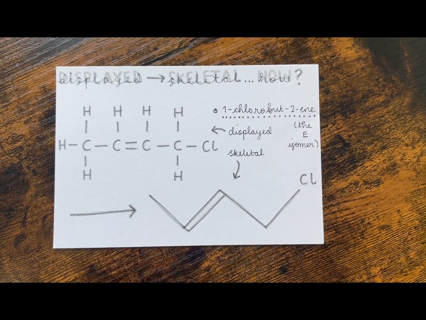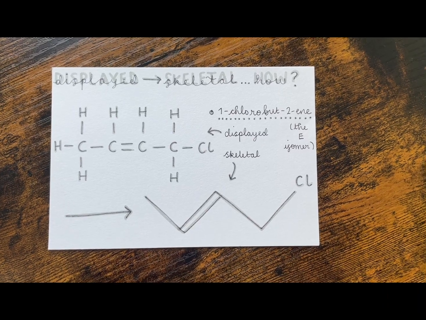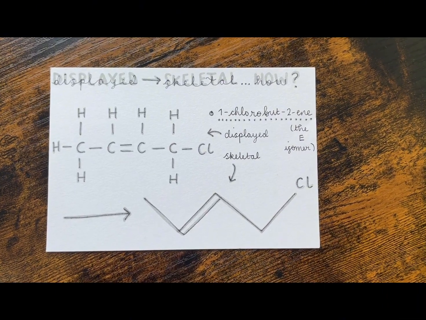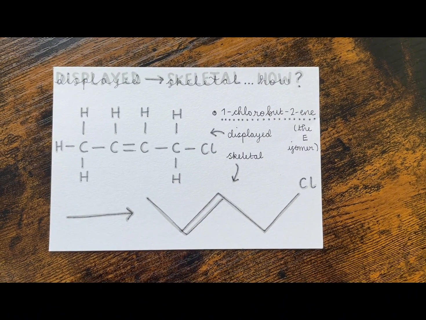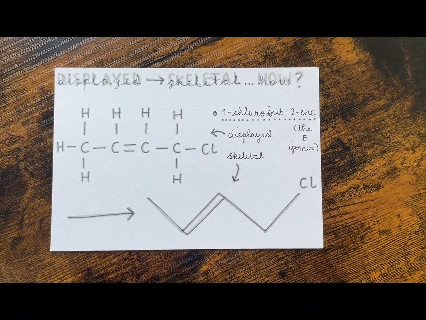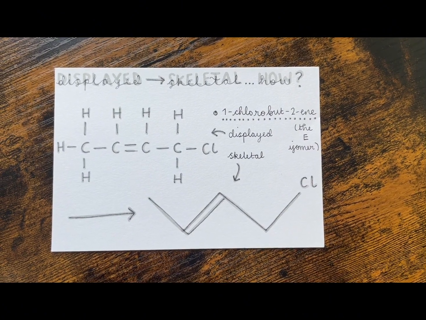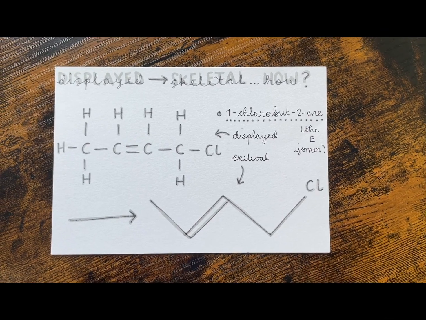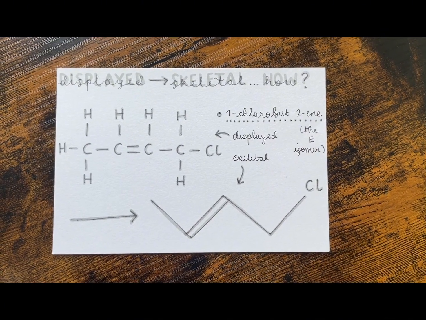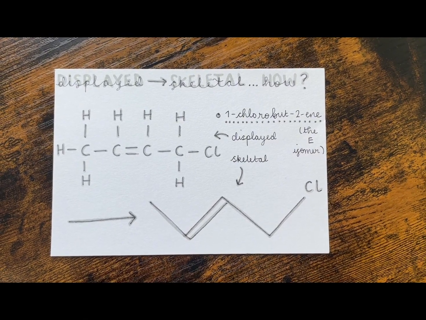Now what we need to understand is how I have been able to, in this image, go from the displayed formula for 1-chlorobutene, of which I have drawn in the skeletal formula the E version of that, and how I have then converted that displayed formula into the skeletal formula I have shown underneath. So there are a series of rules that we follow when we draw skeletal formulae that take a little bit of getting used to.